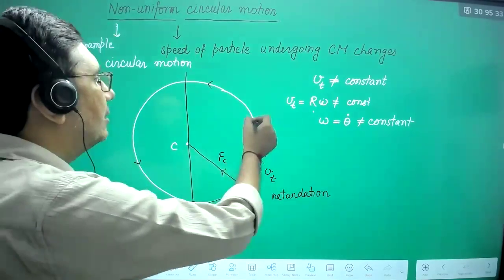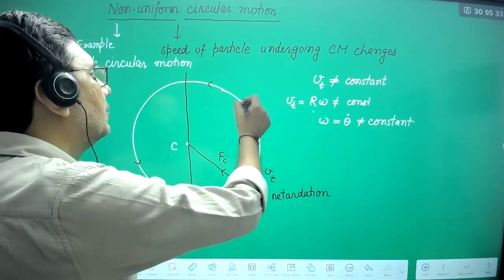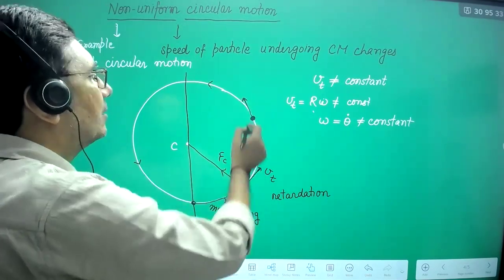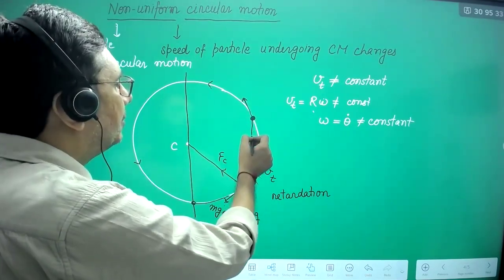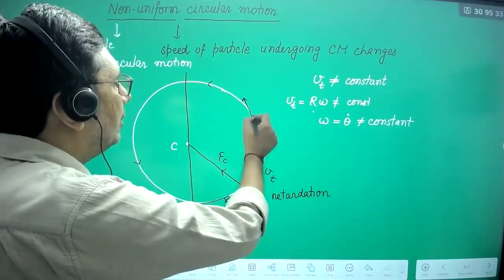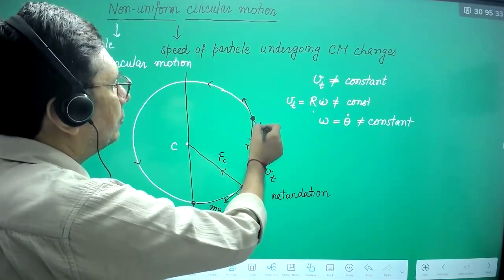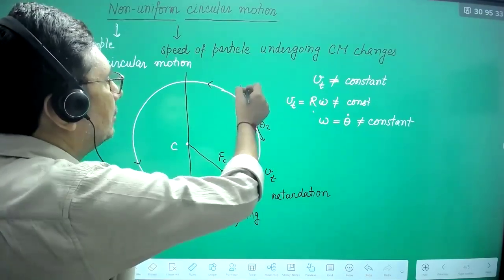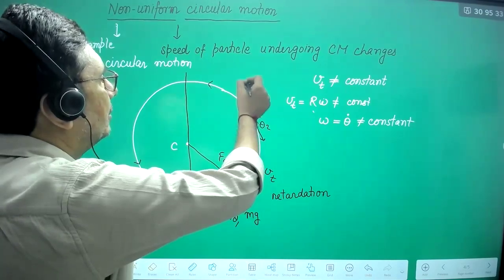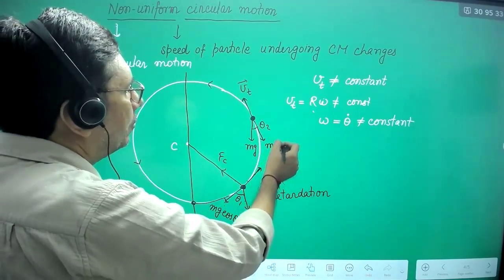If you look at this situation here, this will be the tangential velocity Vt. Its weight will be here, mg. So surely a component will be opposite to this, and I call the angle θ2. So this will be mg cos θ2.